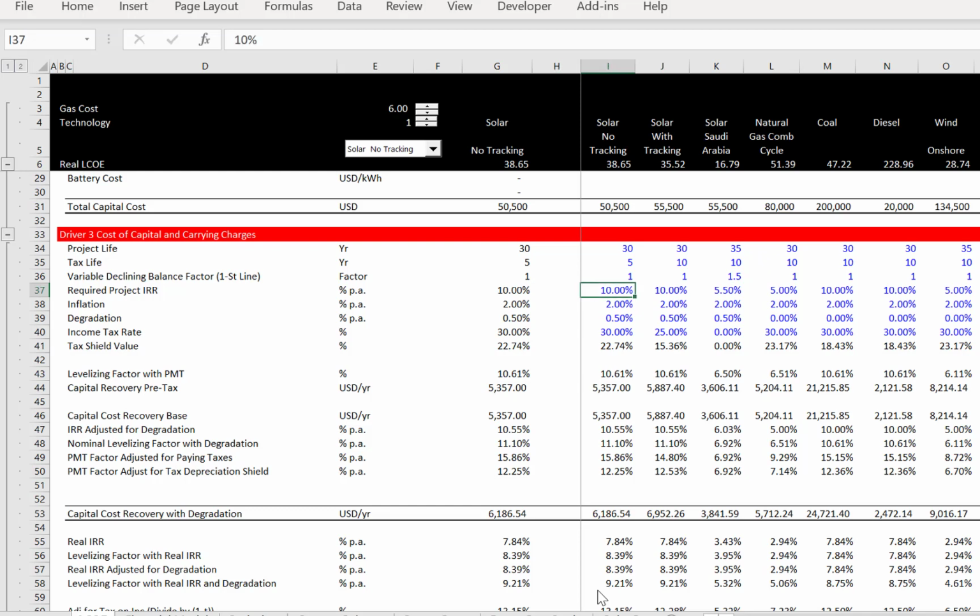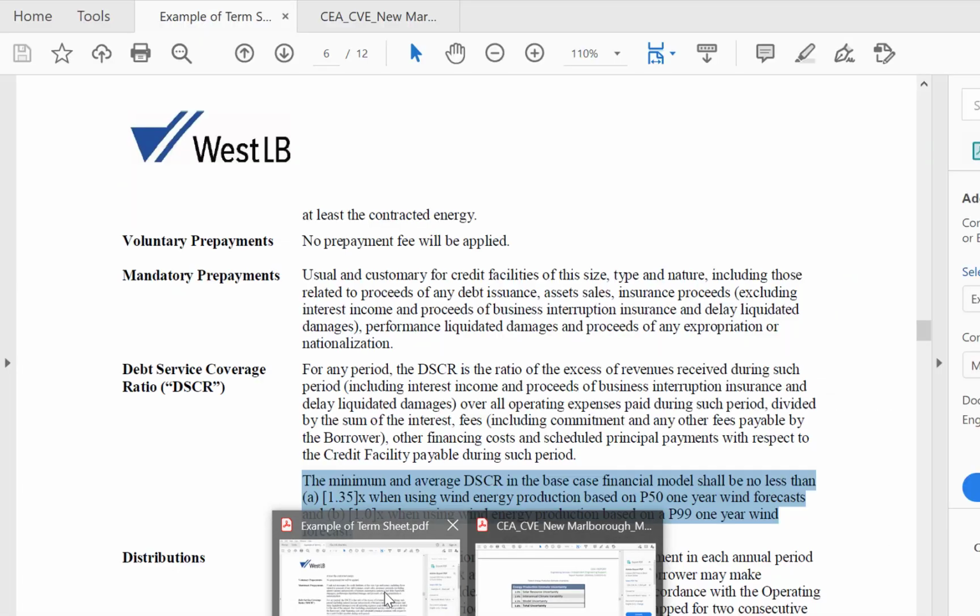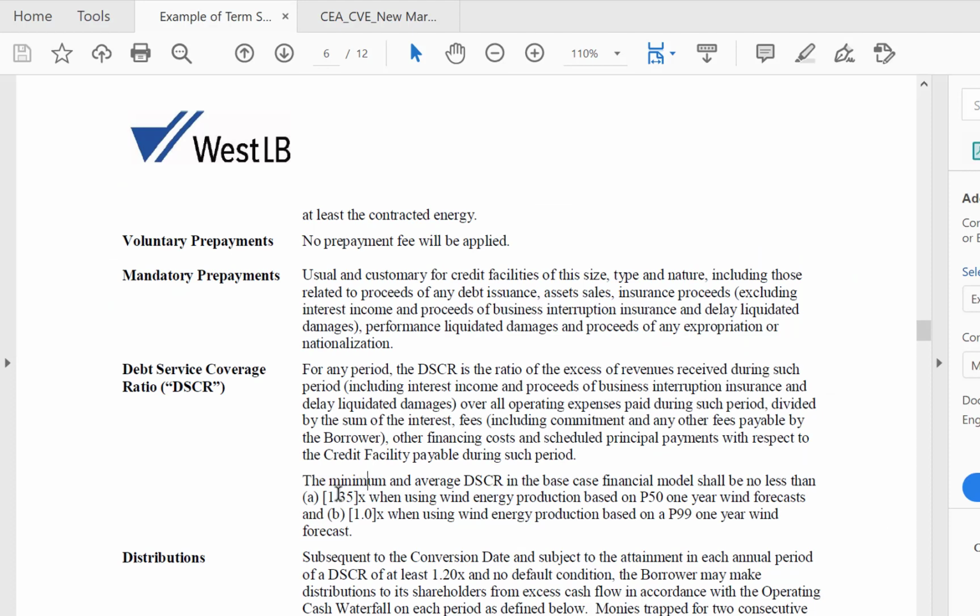Now, I've got other videos on this, and I've got other financial model proofs. But in today's session, I'm going to work through the financing using our famous little thing here. Now, for a solar project, it's probably going to be maybe let's put in 1.25, and let's put in a P99 of 1.